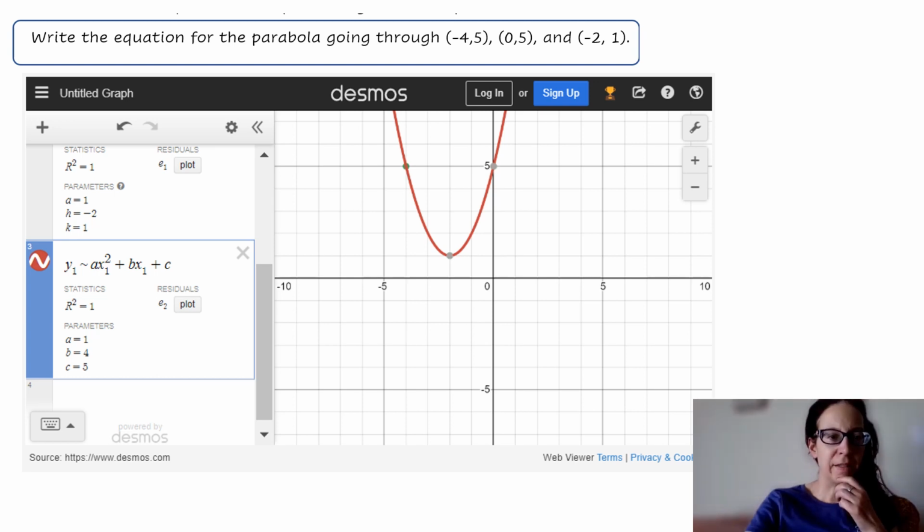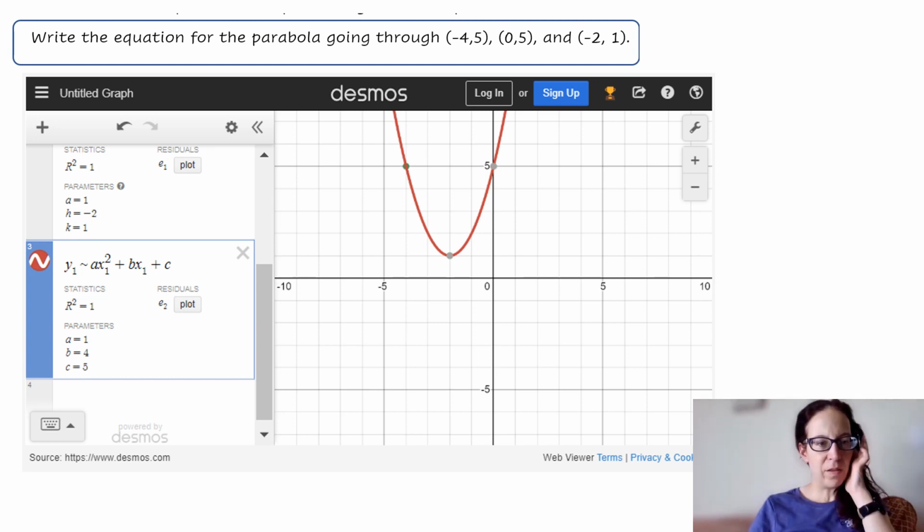You can see in vertex form, plus K. There we go. That's better. A is equal to 1, H is equal to -2, and K is equal to 1. So you would pick that answer choice. If it were in standard form, you would have Y1.